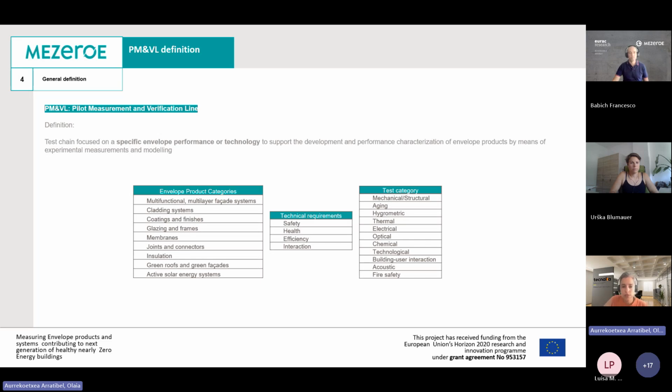So we defined different envelope product categories, different technical requirements that each of us may assess, and the testing categories that each of us can offer.